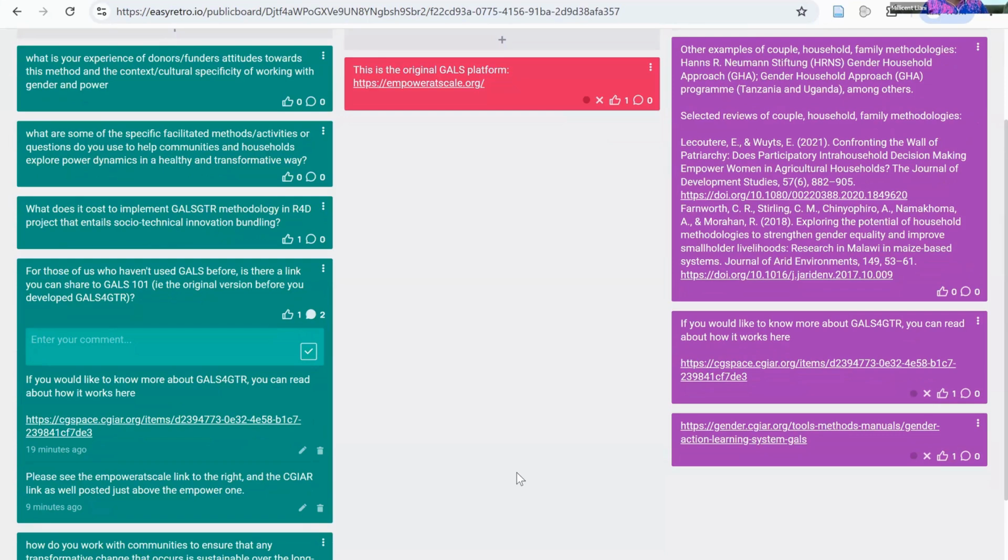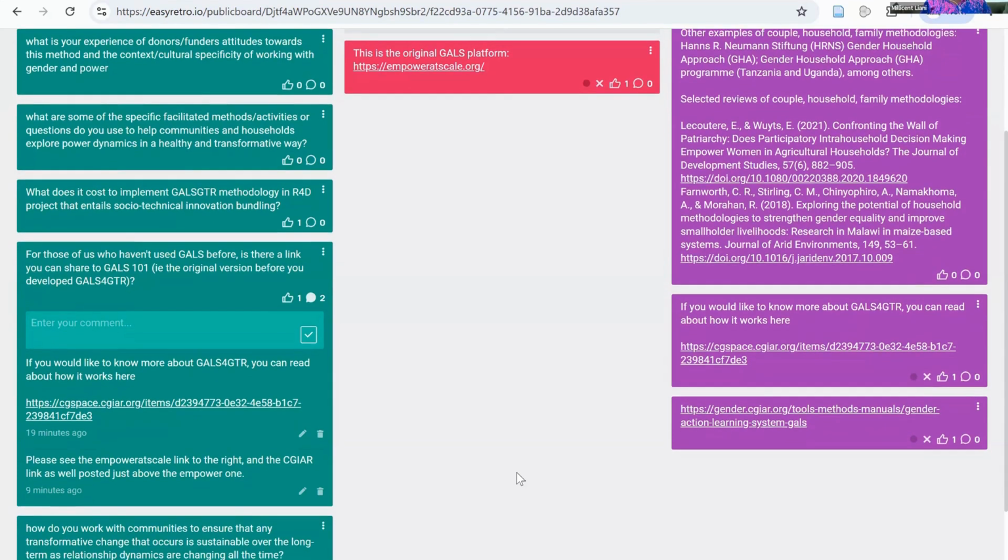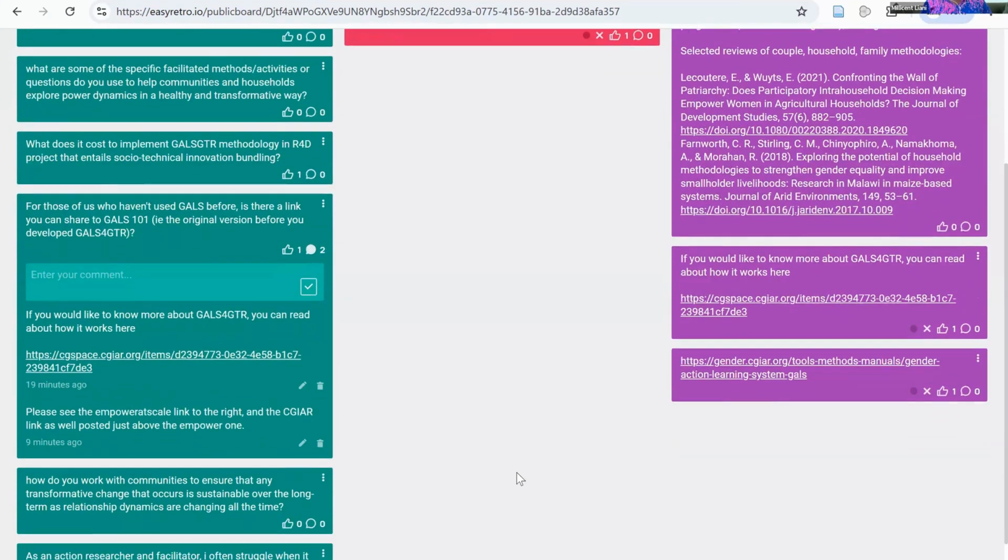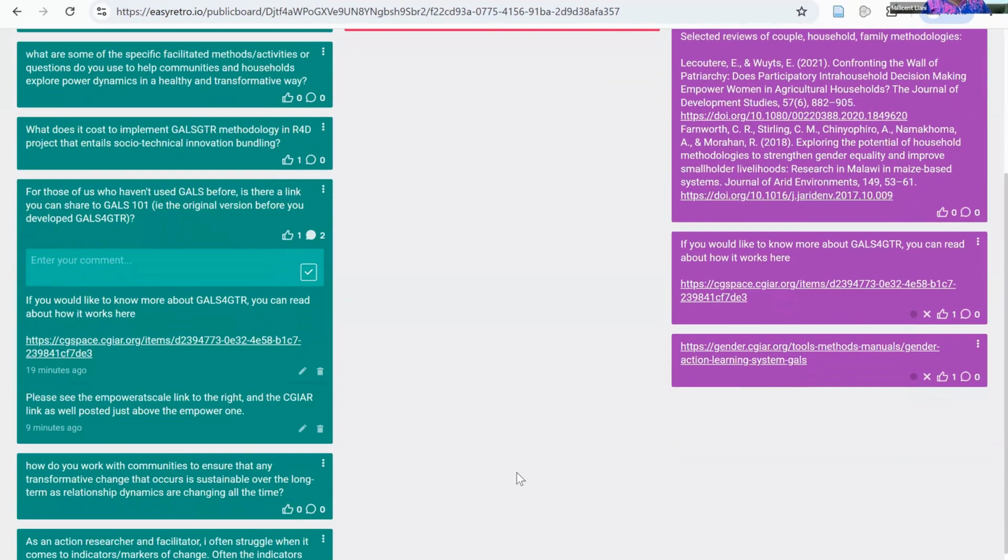So the first question is asking, what is your experience of donor or funders' attitude towards this method and the context and or cultural specificity of working with gender and power? So maybe I will pose 2 questions and then we could respond. I see more are coming. So maybe 3 questions and then we can respond as we move in.